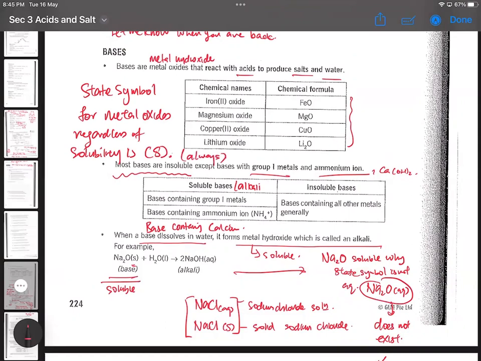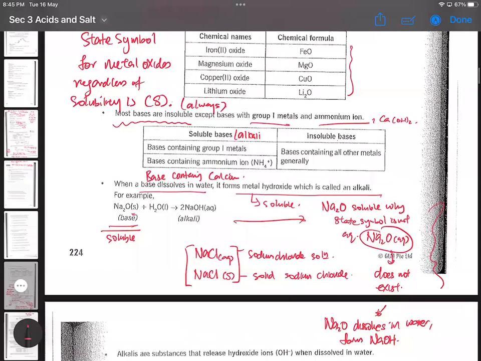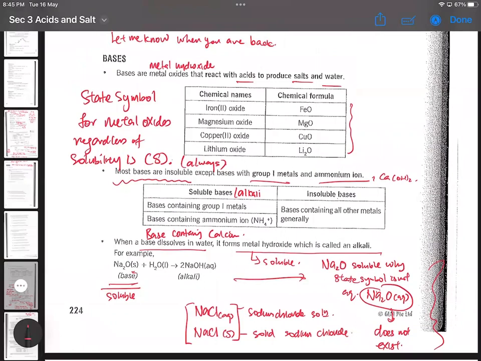So if you don't understand what I'm writing over here, not important at all. What I'm trying to explain is this. If you don't understand, it's okay. Questions never ask it, so we don't waste our brain cells. You just need to remember metal oxides, their state symbol is always solid state. This is more important than the explanation. But if you can understand, it's good. If you don't understand, it's fine. Okay, please help me jot this down.